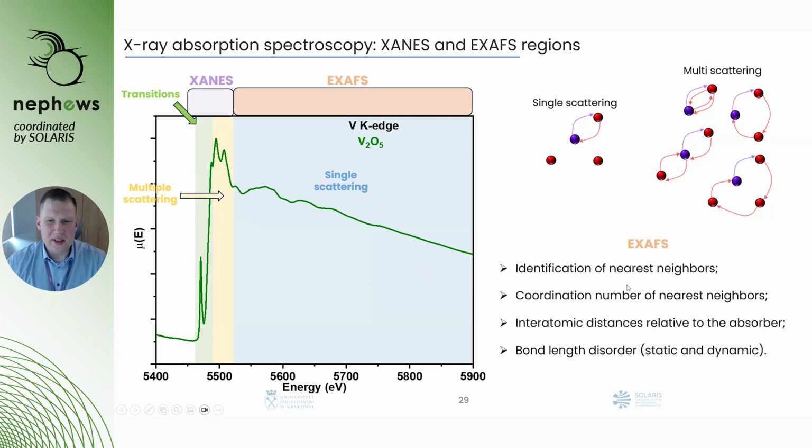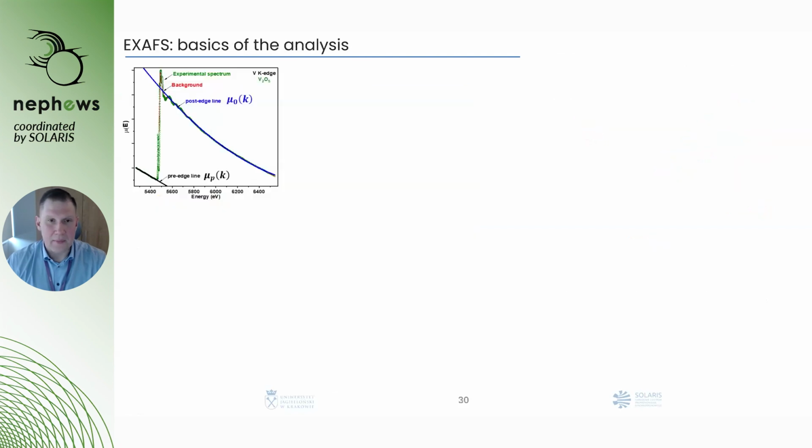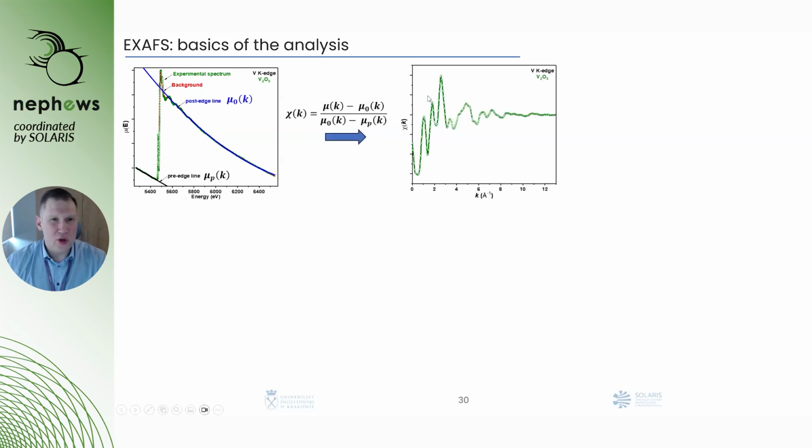We could also investigate the coordination number of nearest neighbors, and investigate interatomic distance and bond length disorder, static and dynamic. In order to provide such kind of analysis, we need to normalize our X-ray absorption spectrum and take such kind of oscillation function using this formula and plot this oscillation function in K space, or wave number space.